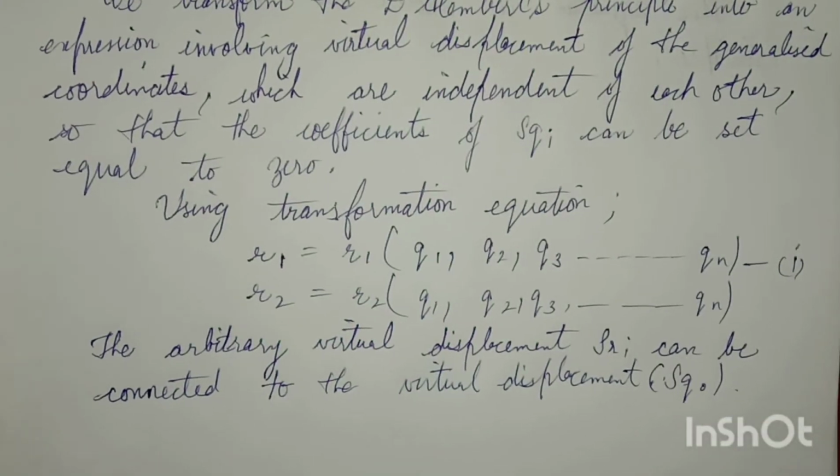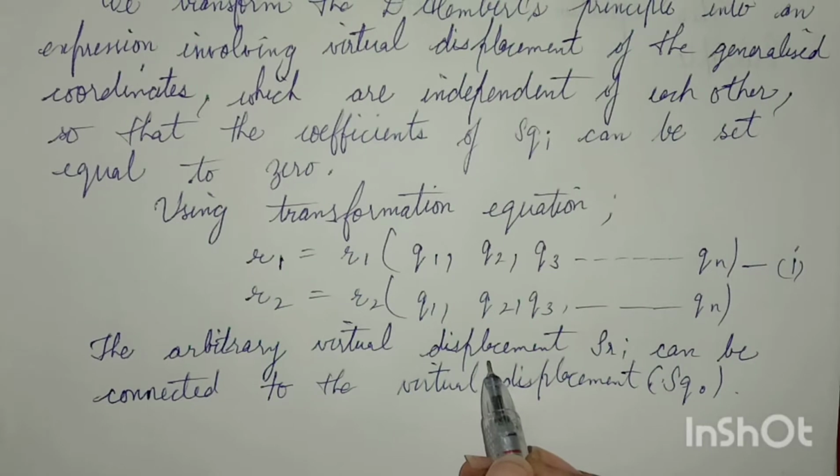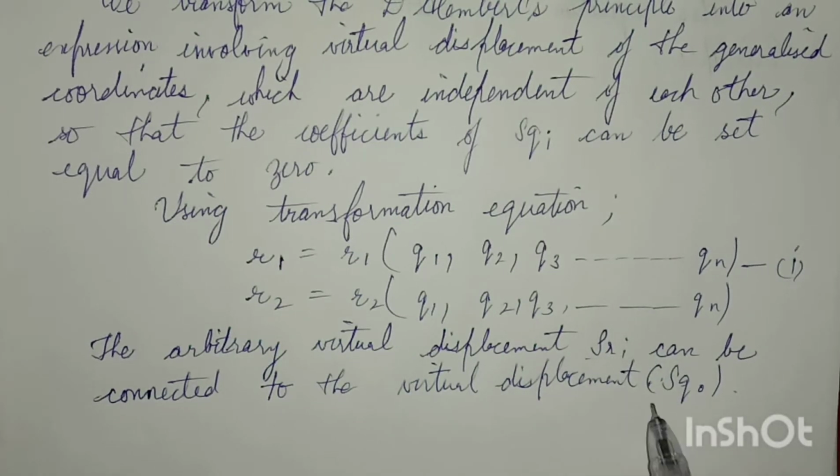So now we have to write arbitrary virtual displacement, which is delta Ri, and this is virtual displacement, which is delta Qj.